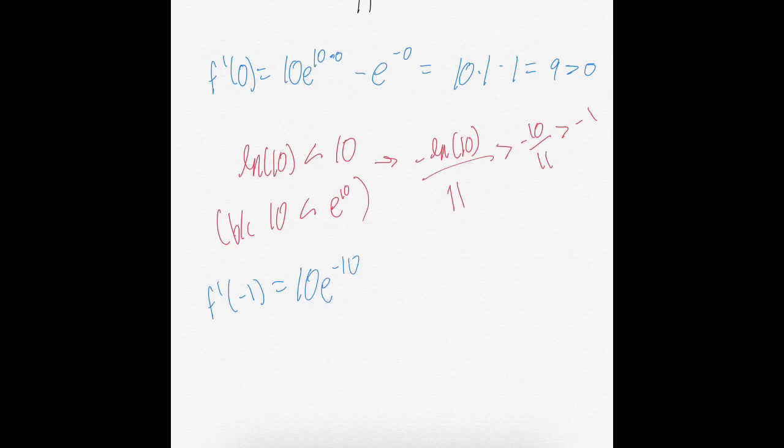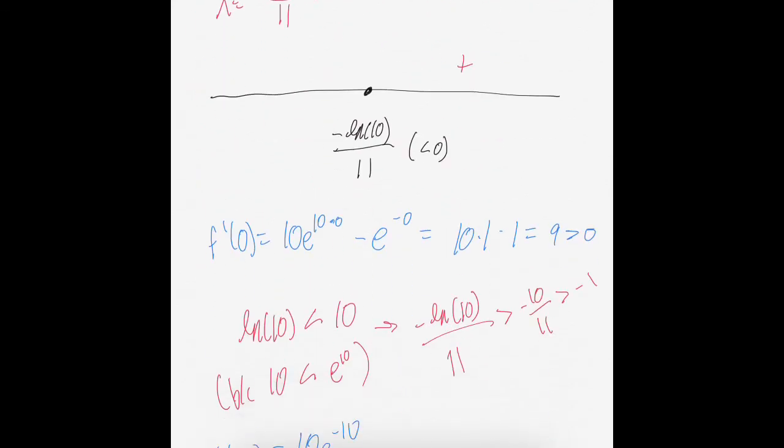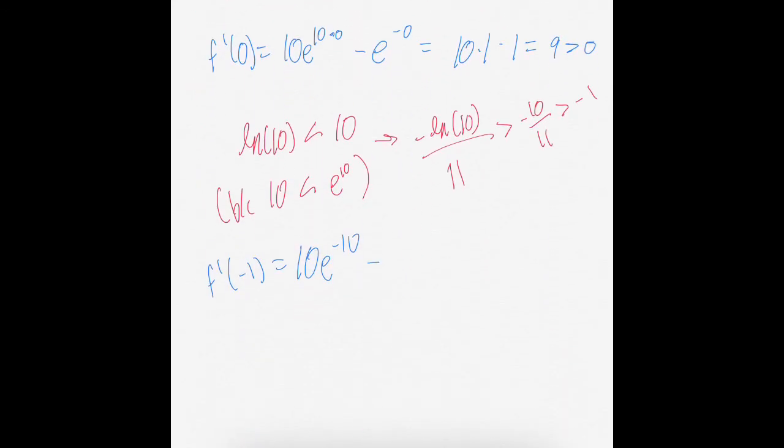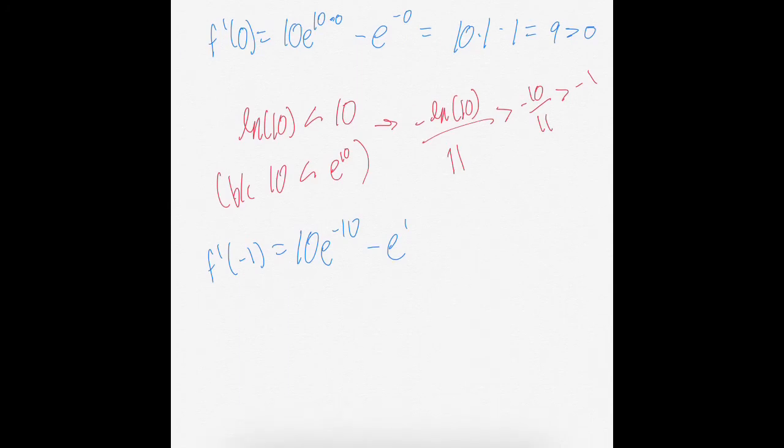So that allows me to just plug in negative 1. f prime of negative 1 equals 10e to the minus 10 minus e to the first.